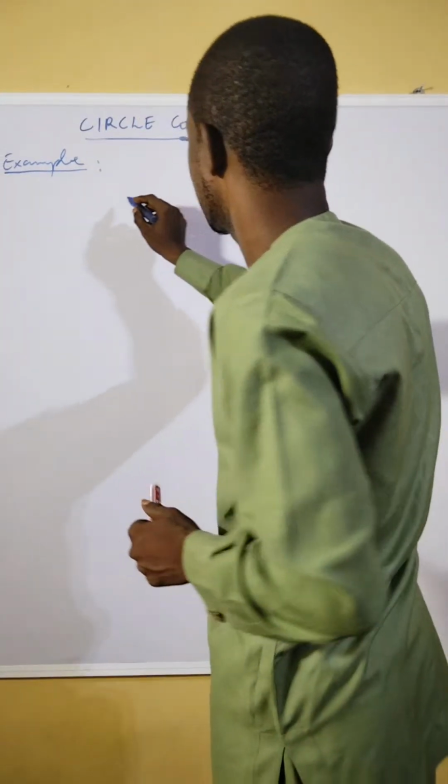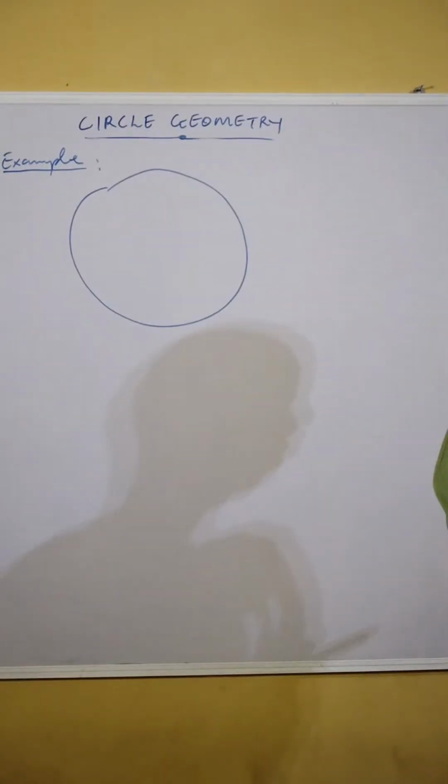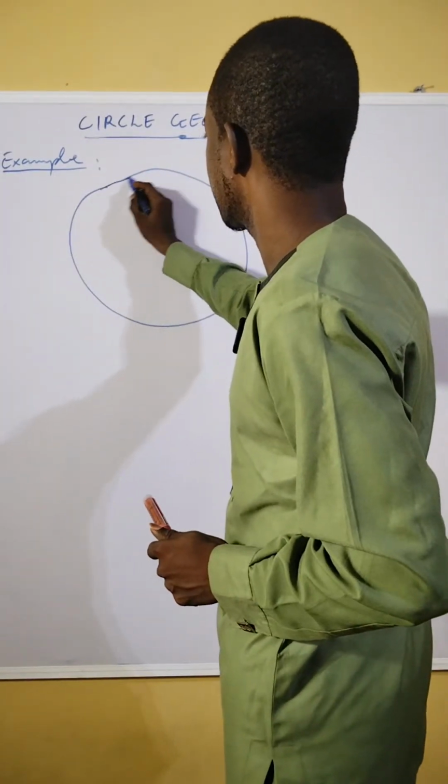So here, we are given this circle. We have this circle given with a center over here.